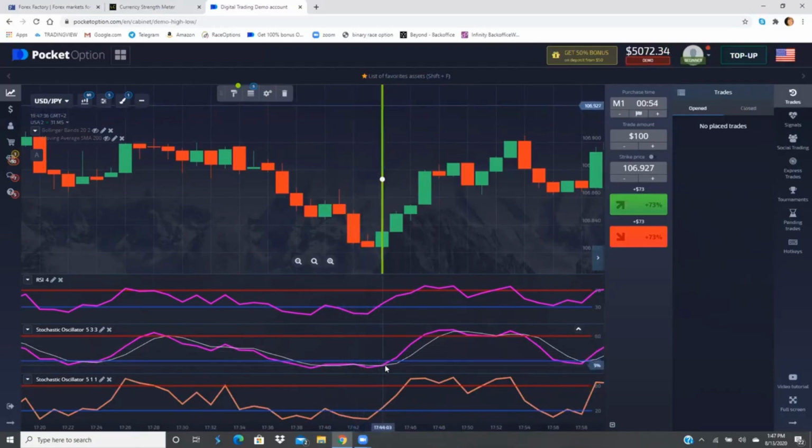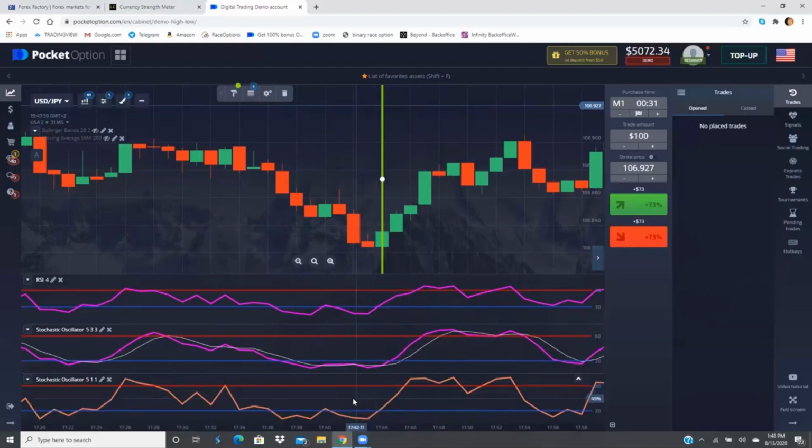We waited, and then we got the clear cross of the pink and the white line. They crossed each other and my pink line came up. It hit the blue, which is telling us to click the button for buy, and boom, you got in for the buy and rode the roller coaster all the way up, okay?